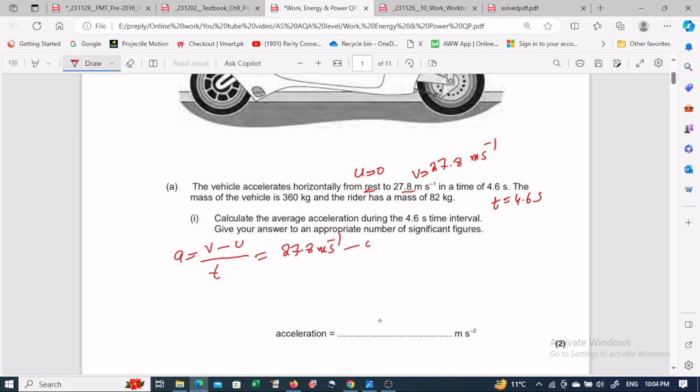Initial velocity is 0 because the vehicle is starting from rest. Time is 4.6 seconds. So we divide and we get the answer. Acceleration is equal to 6.0 meters per second squared. So this is the acceleration.